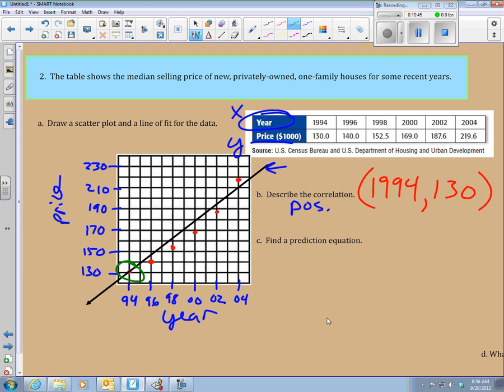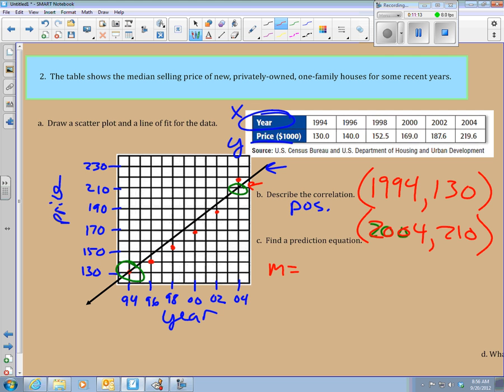It's not a piece of the data, but it crosses the grid really nicely at 2004, and looks like it's at 210. So what I'm saying is, it just has to be a point on the line. It doesn't have to be one of the data points. This point right here is not a data point, but it's on my line.